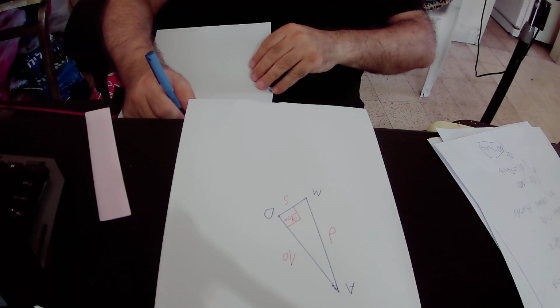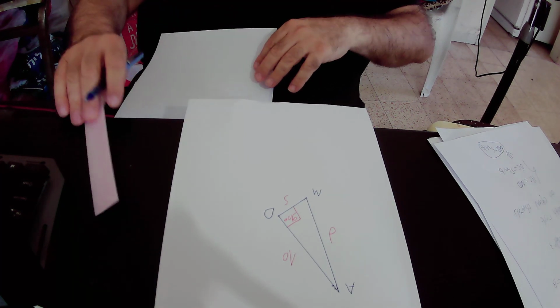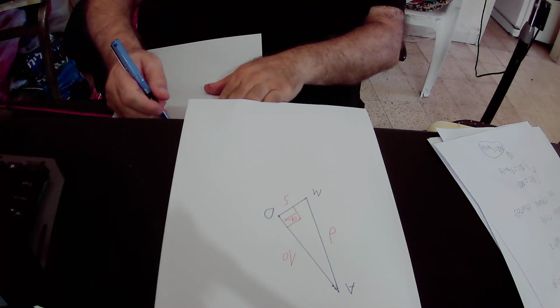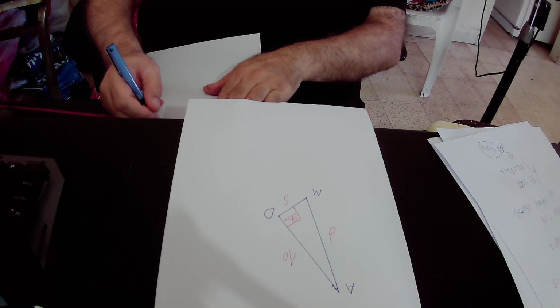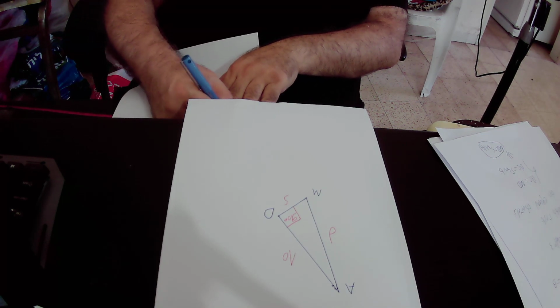So first of all, I will write down the Pythagorean theorem. As I've already told you, the Pythagorean theorem applies only to right triangles.